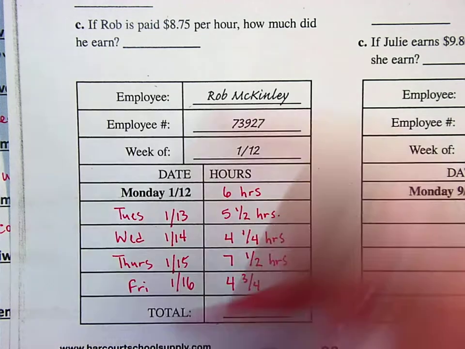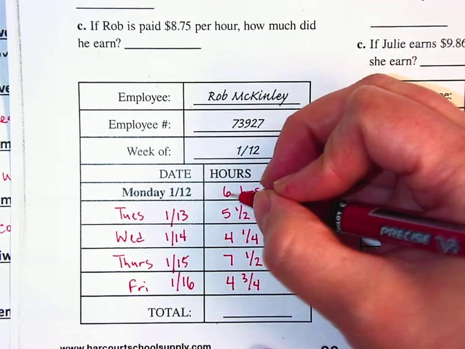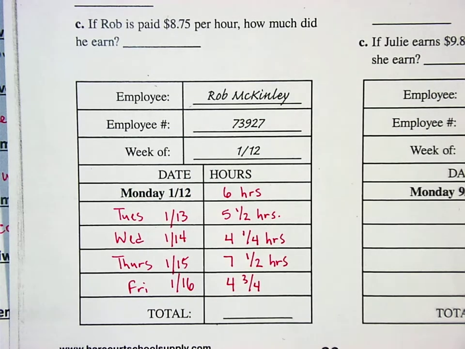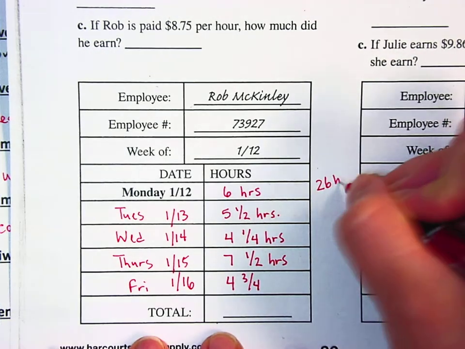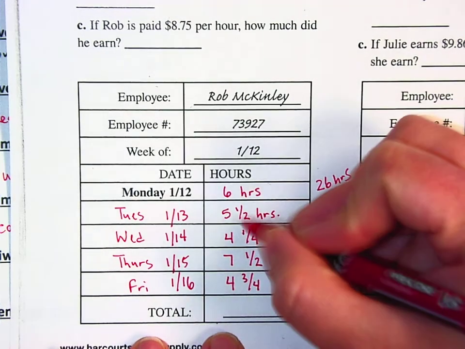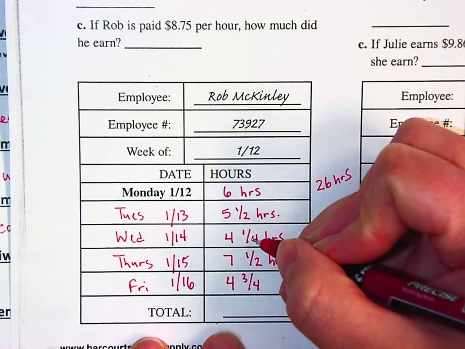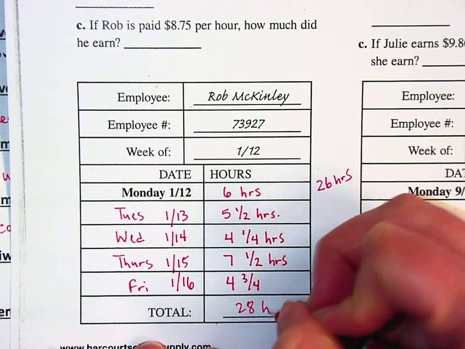Okay, so first I'm going to just add the whole numbers together to figure it out. So that's 6 plus 5 plus 4 plus 7 plus 4, which is what, 15 plus 11, 26. So 26 whole hours right now. I'm going to write on the side. And then we've got a half and a half, which makes another whole. And then 3/4 and another 1/4, which makes another whole. So that's 28 hours down here.